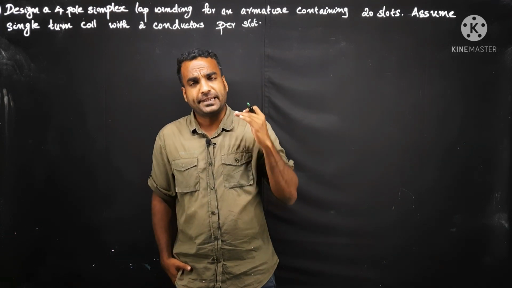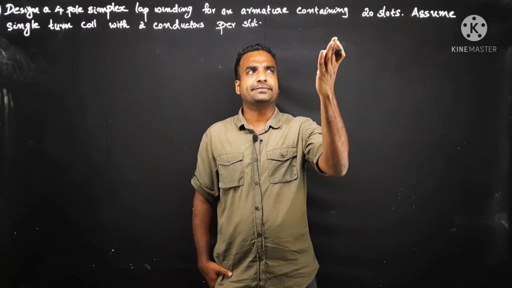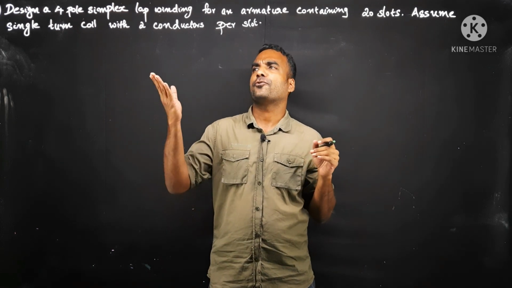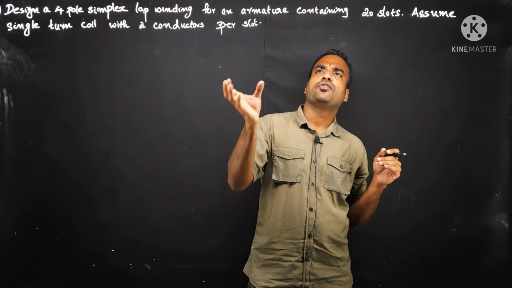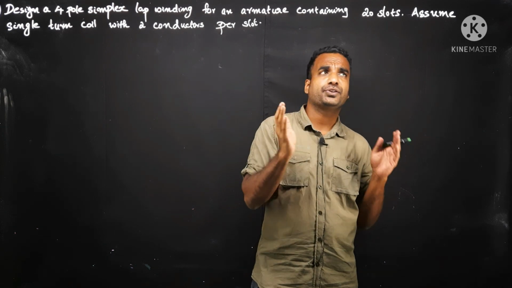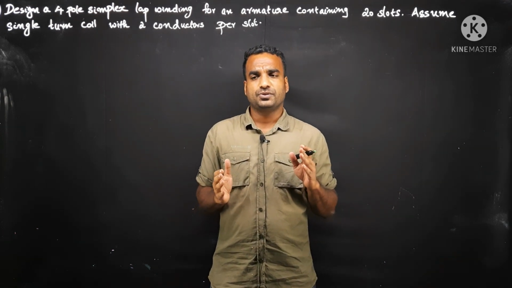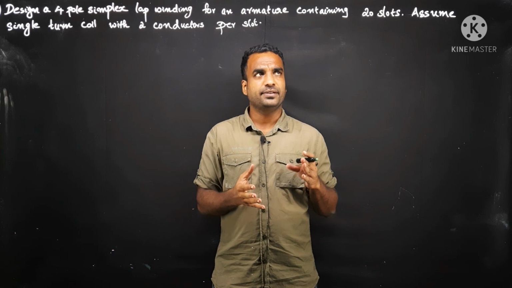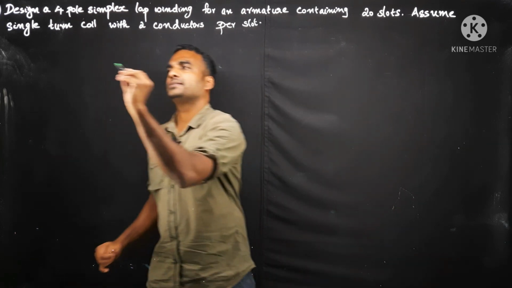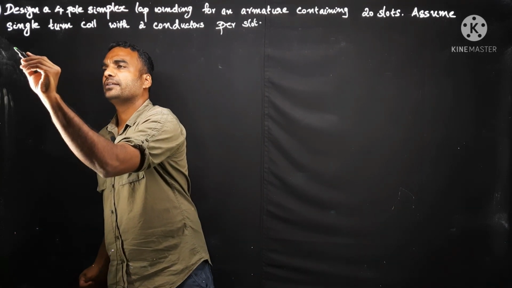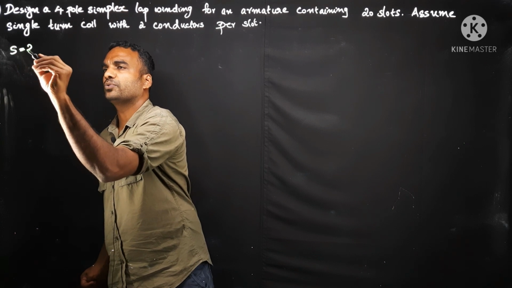So, in last class we were discussing the same question: design a 4-pole simplex lap winding for an armature containing 20 slots. So we have a particular machine where its armature has number of slots S equal to 20.